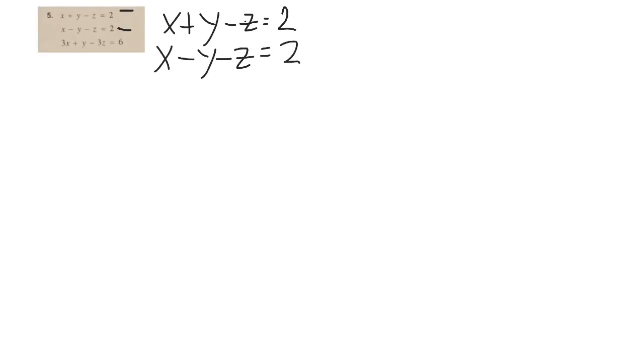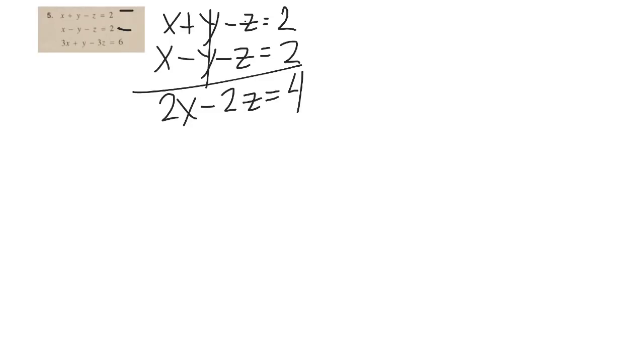So, x plus y minus z equals 2, and x minus y minus z equals 2. I get 2x, my y is 0, minus 2z equals 4.